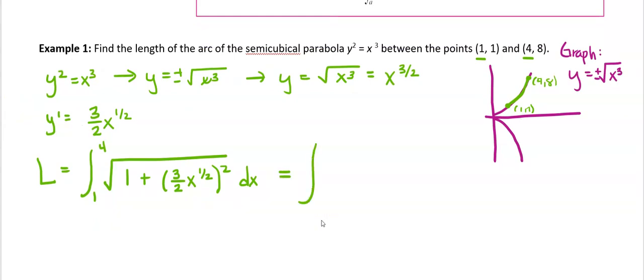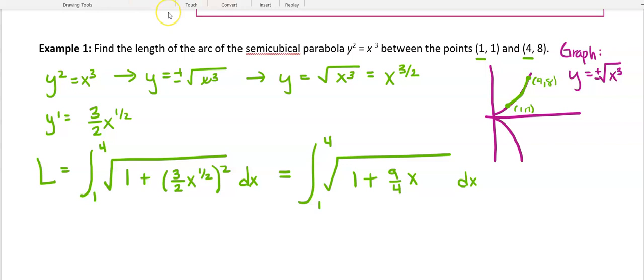So this would simplify, of course, we get the square root of 1 plus 9/4 x. The 3 squared is 9, the 2 squared is 4, and the x to the 1/2 squared is just an x. So this is ready to roll, and then we can actually use a u substitution on this to take the antiderivative.